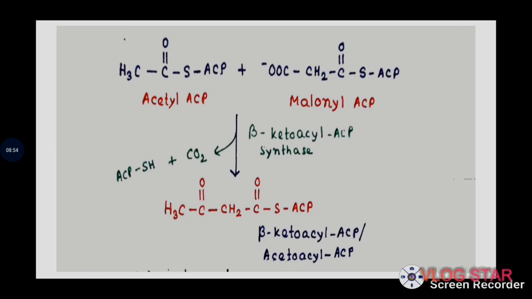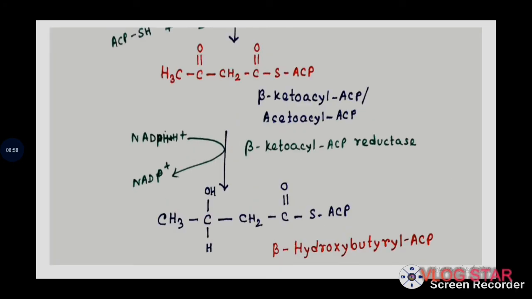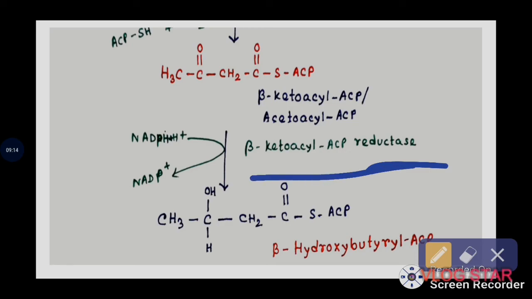In the next reaction we have reduction. Whenever there is reduction, the name of the enzyme will be reductase. The previous compound is beta ketoacyl ACP, so the enzyme converting it into beta hydroxybutyryl ACP is named beta ketoacyl ACP reductase.